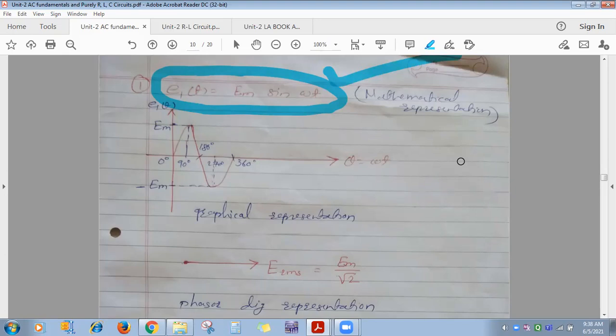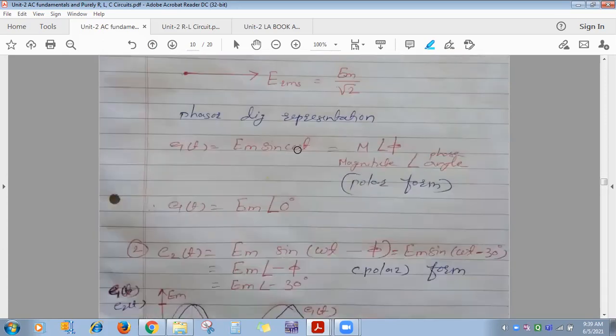Again, sometimes in numericals there is a need to do addition and subtraction also. While doing addition or subtraction, rather than the sinusoidal form of the instantaneous voltage or current equation, you can make these calculations easy when you convert them into rectangular form. So the instantaneous voltage or current equation we can easily convert into polar form. This one is the polar form.